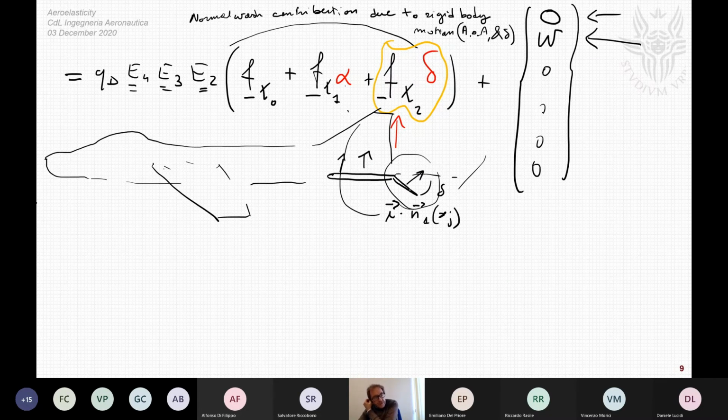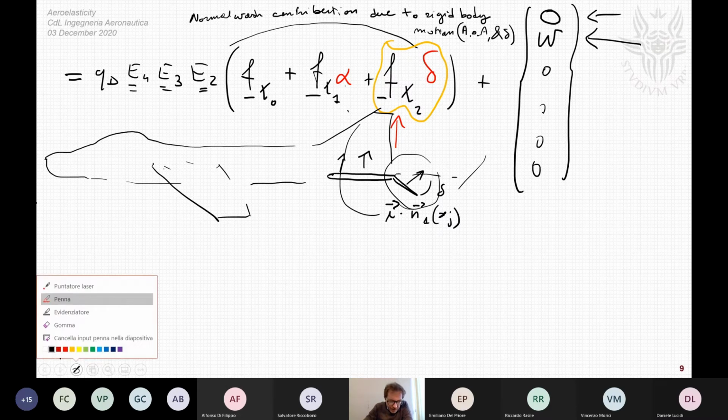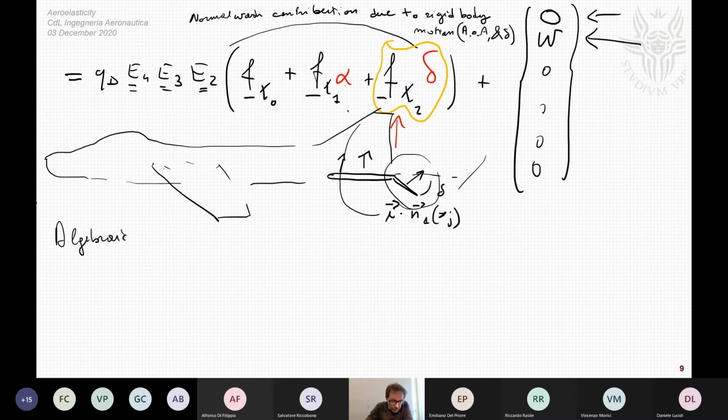Okay? And so we have again the same kind of system, an algebraic linear system of n plus 1 equations in n plus 1 unknowns.